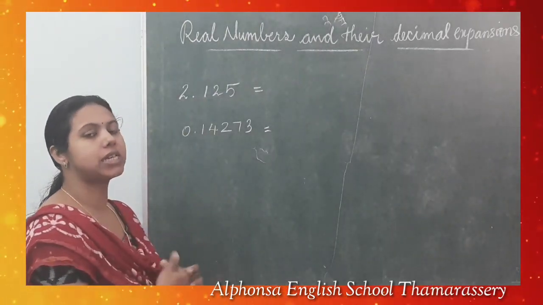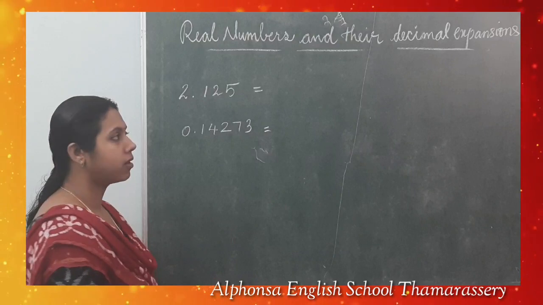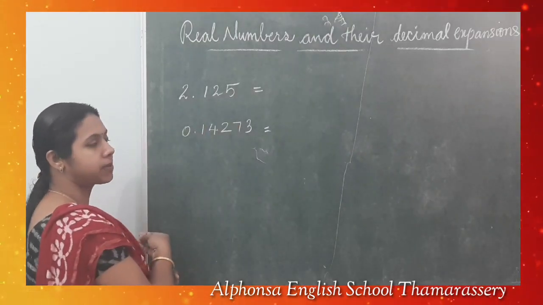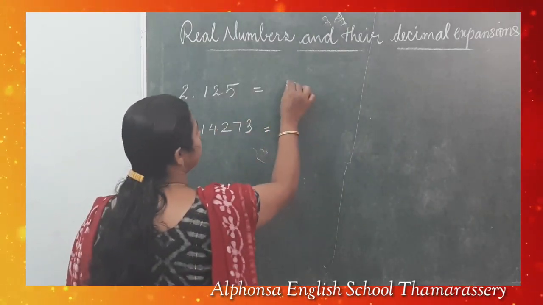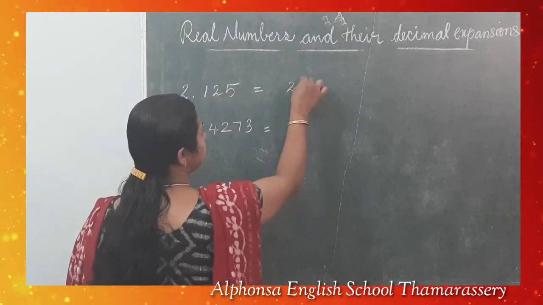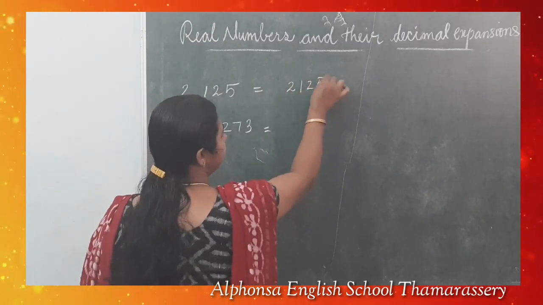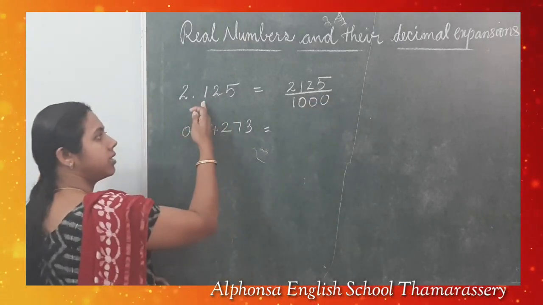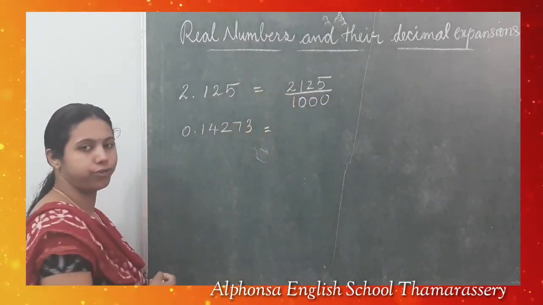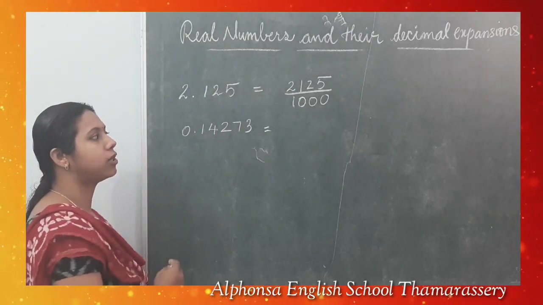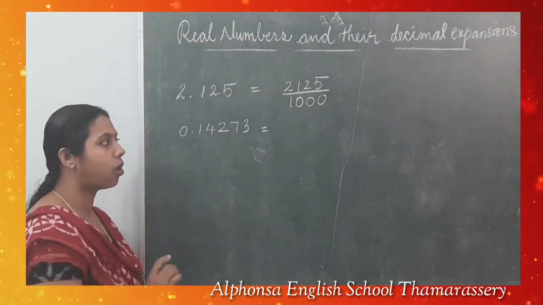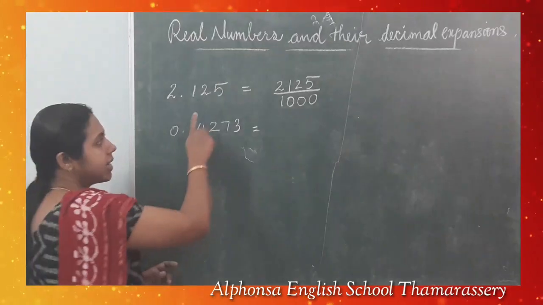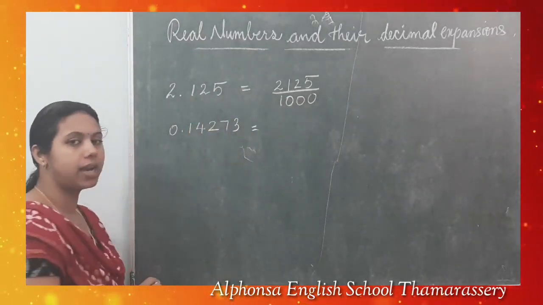You can change this decimal form into fraction form. Because it's a terminating decimal expansion, we are able to write 2.125 as 2125 by 1000. Now it is in the form of P by Q, where P and Q are integers and Q not equal to 0. So we can say that it's a rational number.